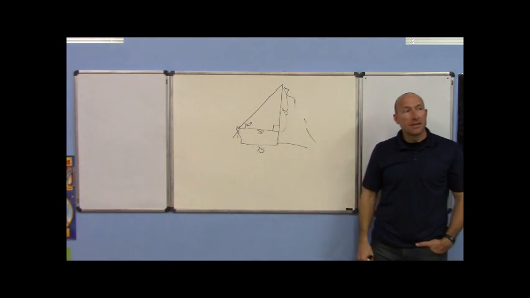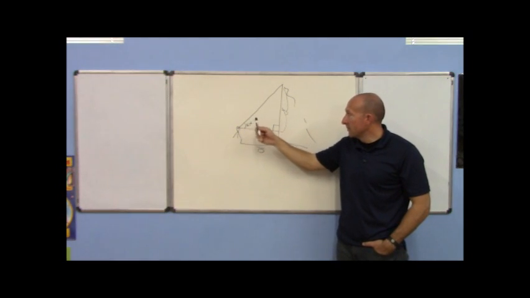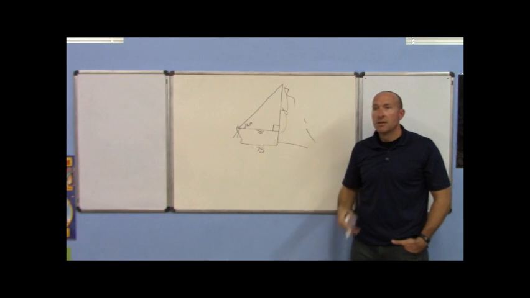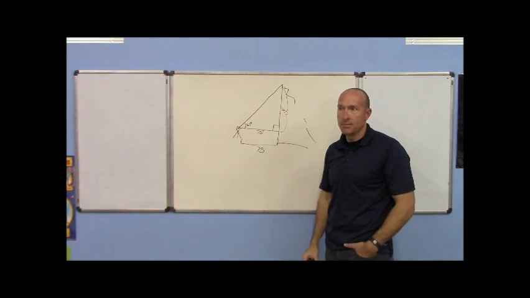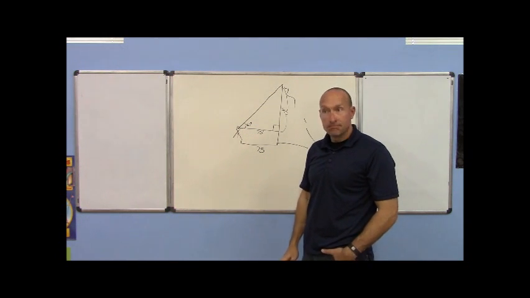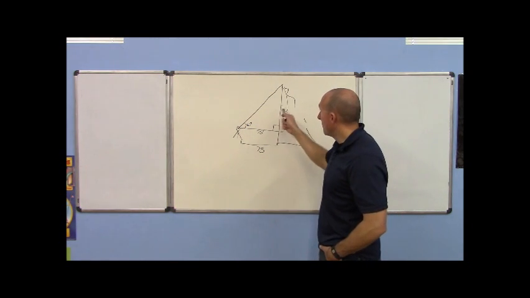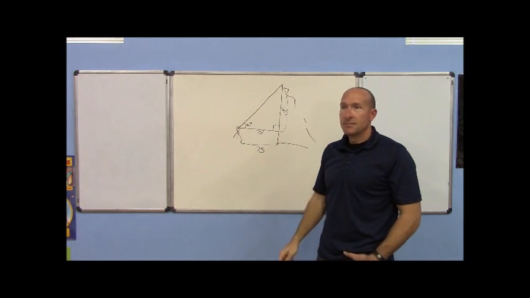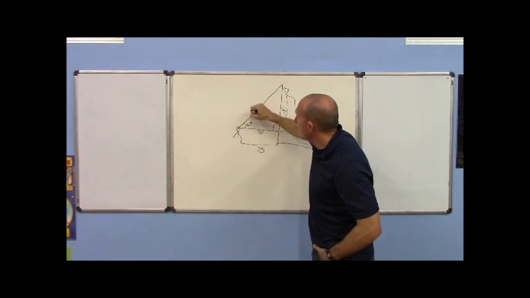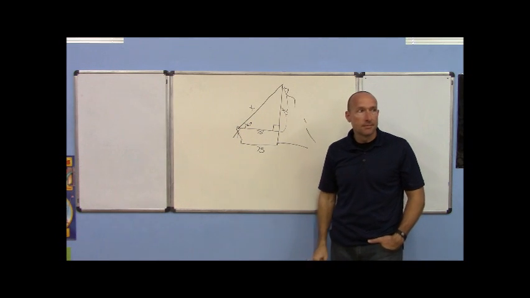Now, given that we have this angle and this side, why is tangent the correct one to use? Opposite over adjacent. Right. Opposite over adjacent will give us that. Otherwise, if this were here, which one would we be using?